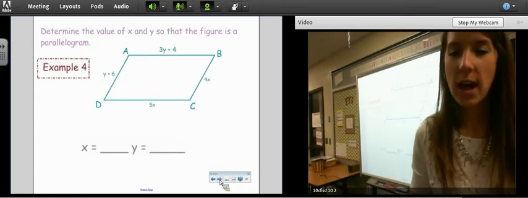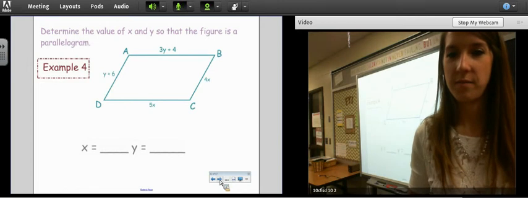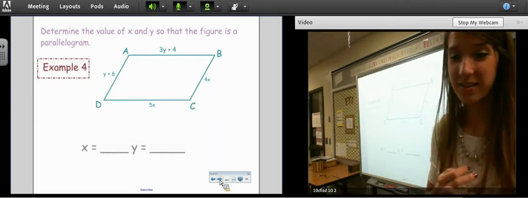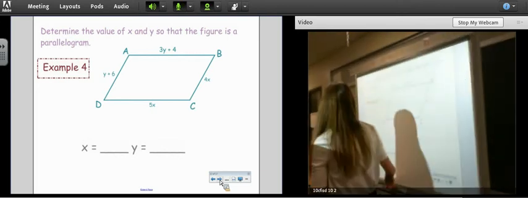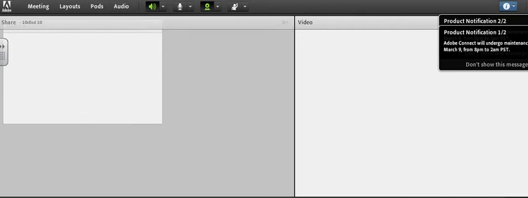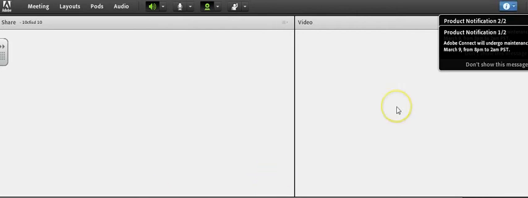Determine the value of x and y so that the figure is a parallelogram. Uh-oh, we haven't done one of these in a while. 3y plus 4 equals 5x. y plus 6 equals 4x. Do y'all know what to do here?